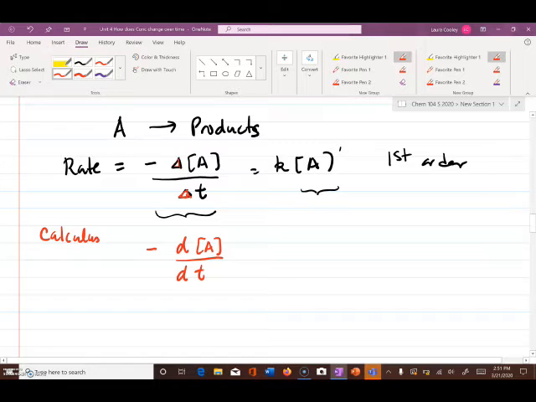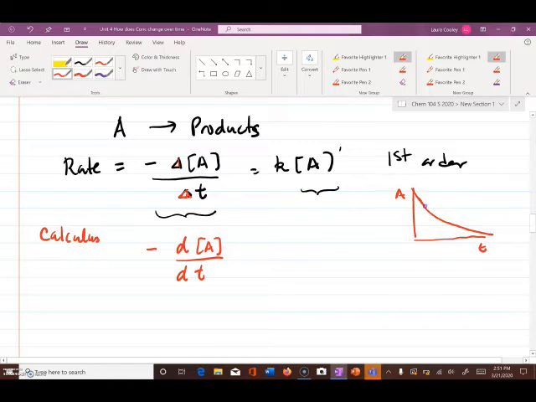And this is really like an instantaneous slope. So instead of taking a finite thing, delta A, dividing it by delta T to get a slope, you're really taking the slope at a point, which is really like a tangent line to the curve. And the curve I'm talking about is the change in reactant with time.